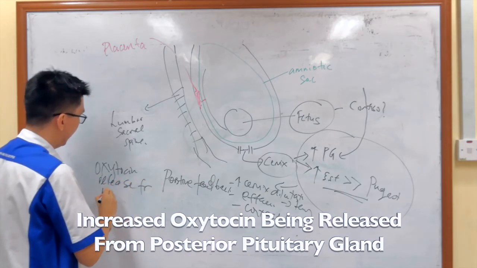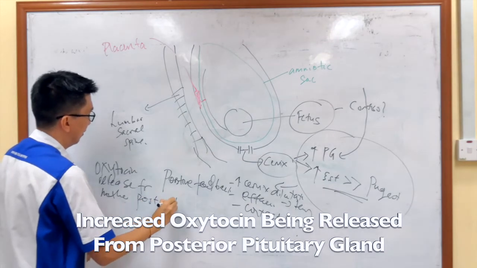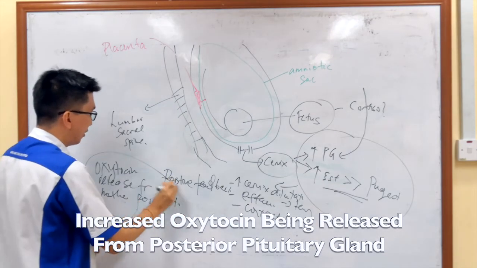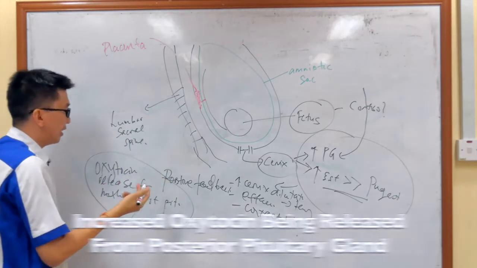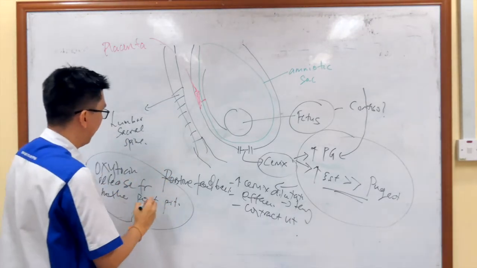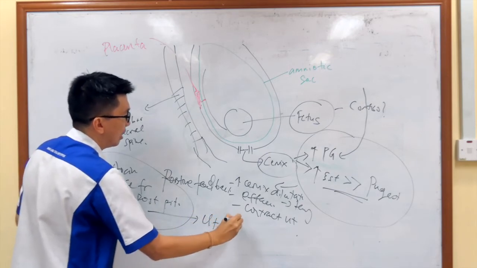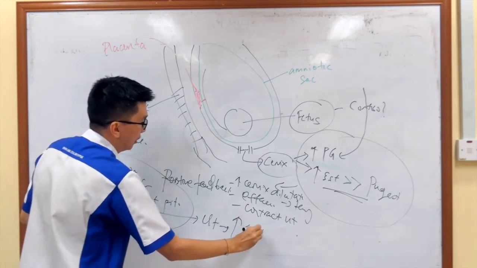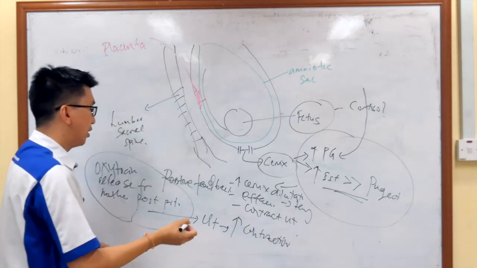from the mother's posterior pituitary gland. This oxytocin will then cause contraction and increased sensitivity of the uterus. It will bind to the uterus and increase the contraction of the uterus.